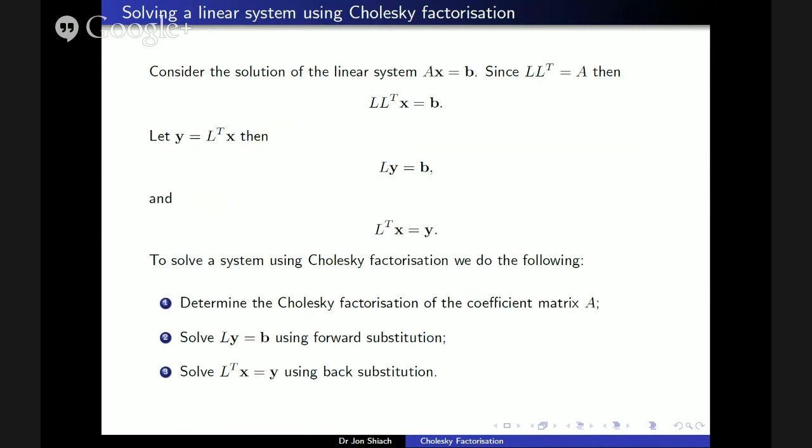And then you solve L transpose x equals y by a back substitution. So this method halves the amount of effort that the LU factorization is, because we've only got one matrix. We don't have to calculate both L and U.